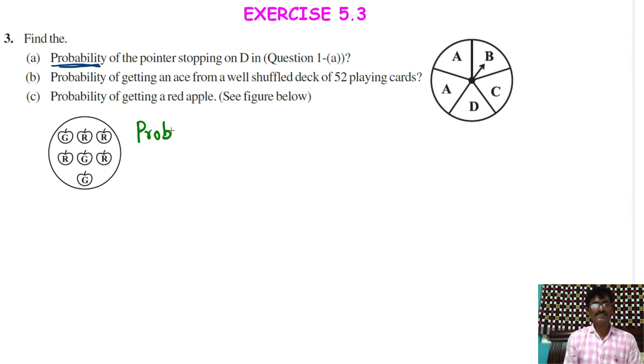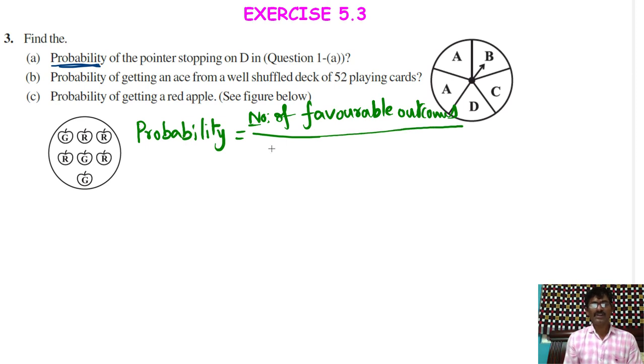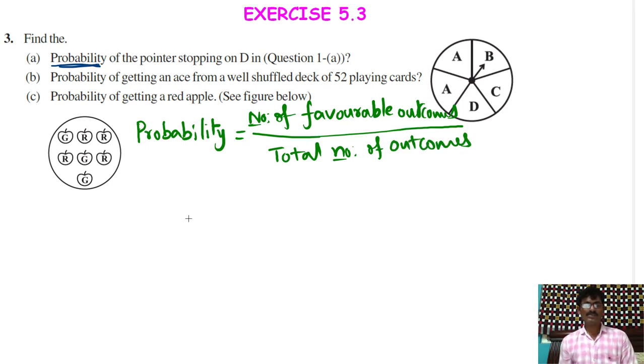Probability equal to number of favorable outcomes by total number of possible outcomes. This is what is meant by probability.